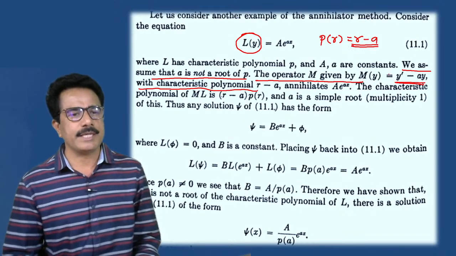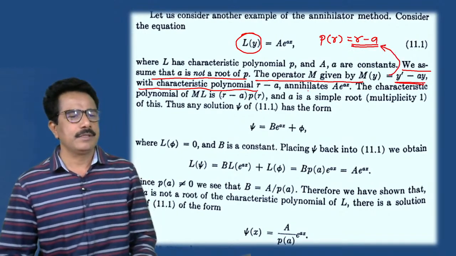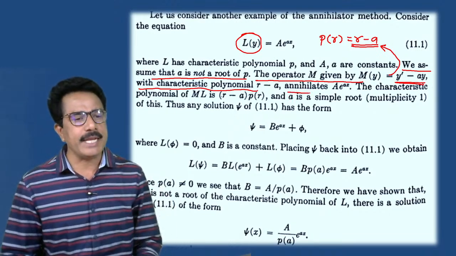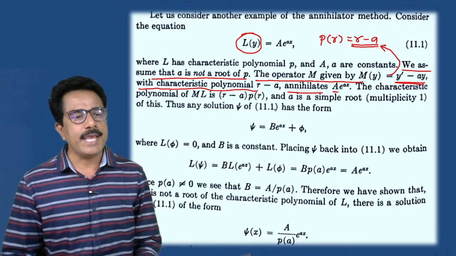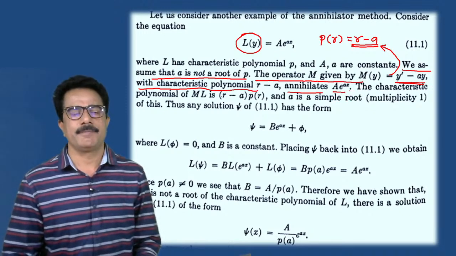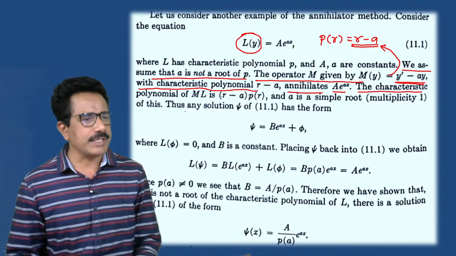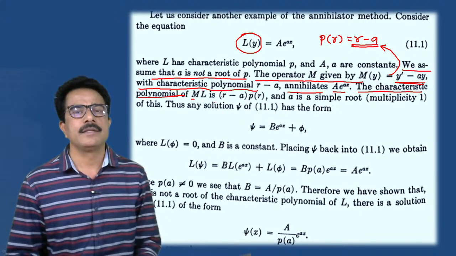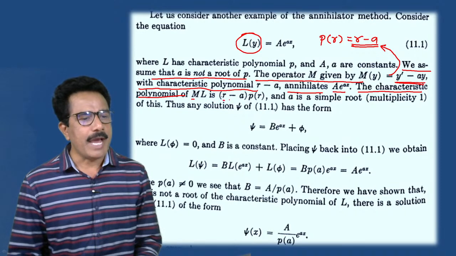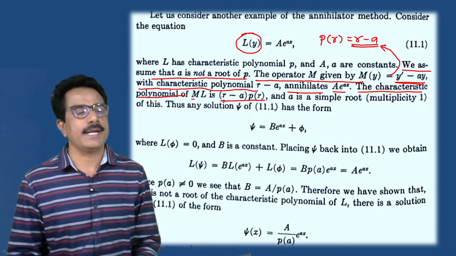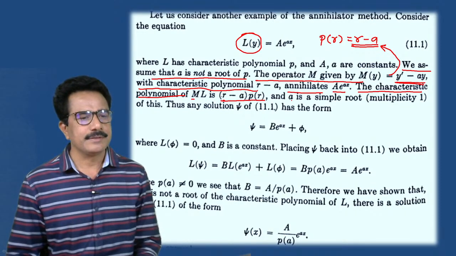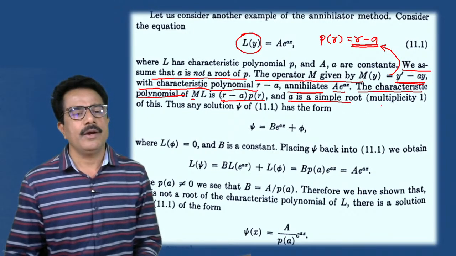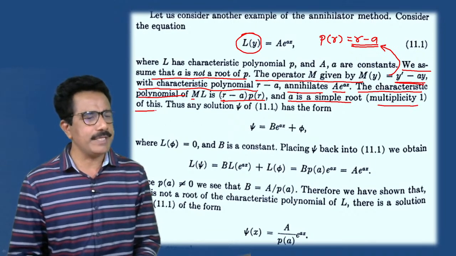This is the characteristic polynomial. Here r minus a annihilates a e raised to ax. So the characteristic polynomial of M of L is r minus a into p of r, and a is a simple root of multiplicity 1 of this.